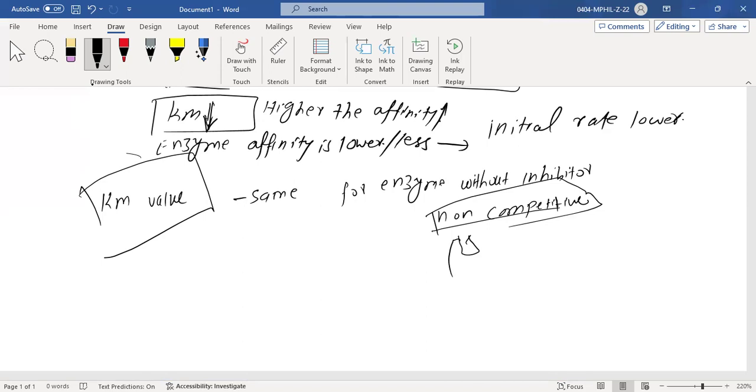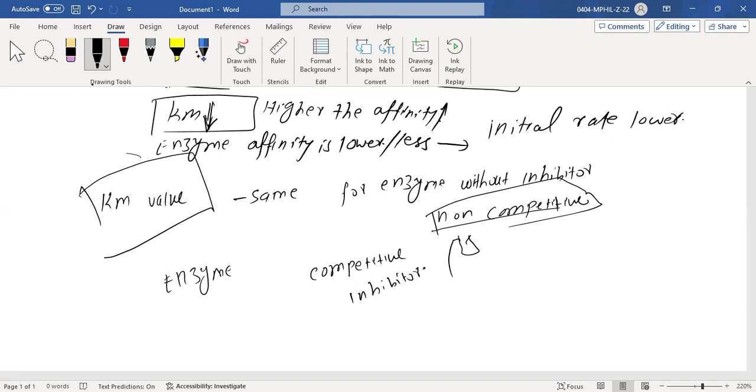Those enzymes which have any competitive inhibitor, if they are competing, then the Km value will be different.